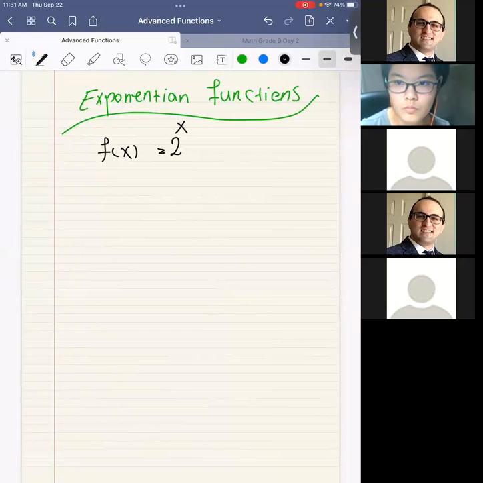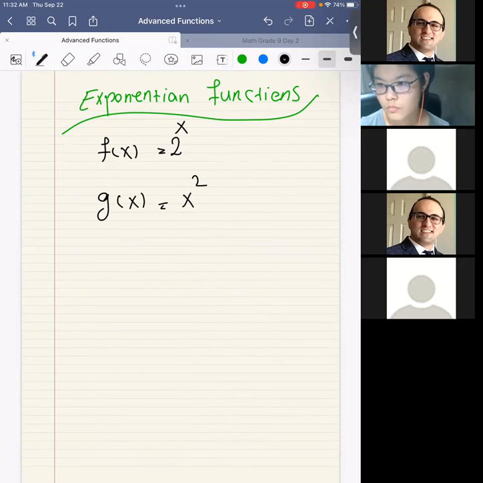And there is a substantial difference between 2 to the power x and a function like g of x equal to x squared. Because in the function x squared, the variable is not in the exponent. The exponent is 2, it is fixed, it is constant, it doesn't change.